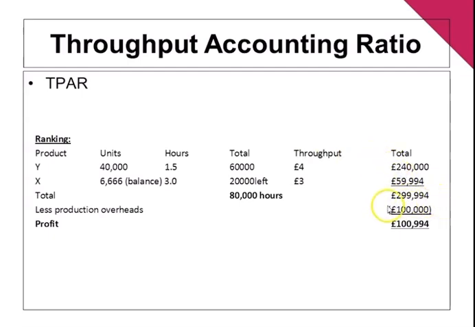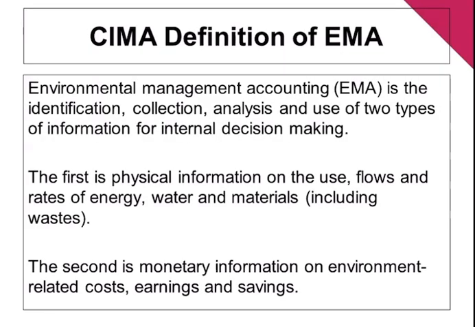Less our production overheads, that will give us our profit of just on 100 grand. Now that's our most profitable mix in relation to our throughput. Alright, so relatively straightforward. Go back over it and you should be able to cope with that, no problems.